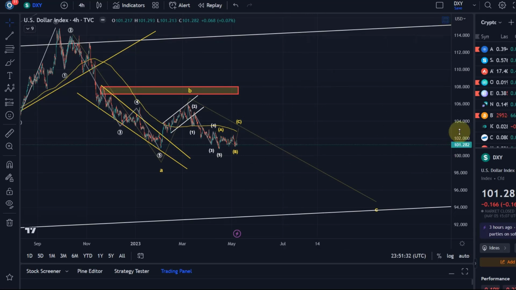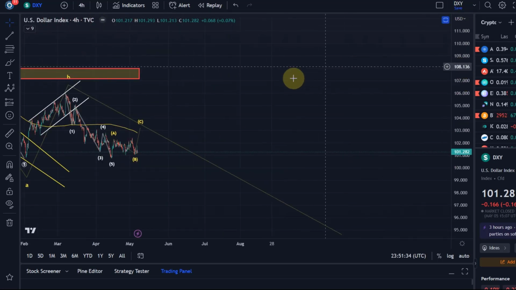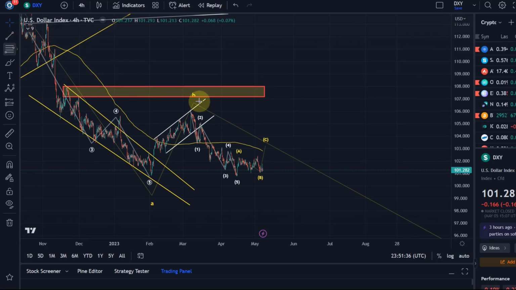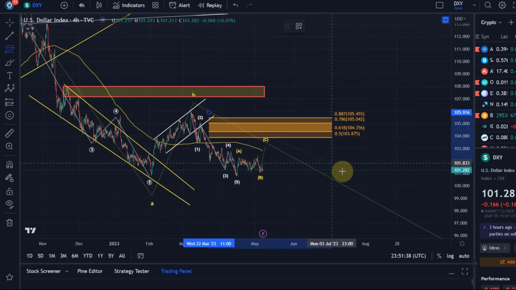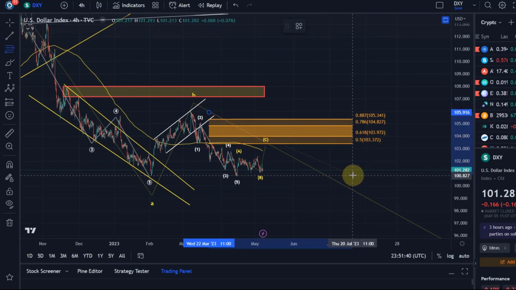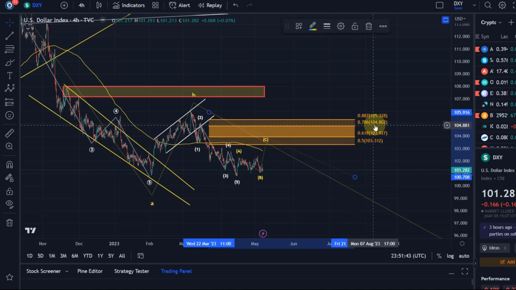And it will remain the preferred count as long as we stay, let me highlight that for you, as long as we stay below $104.80, which is the 78.6 retracement of the move down here, which bottomed on the 13th of April.